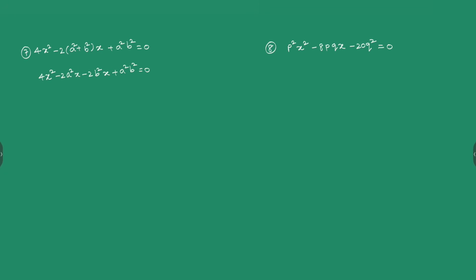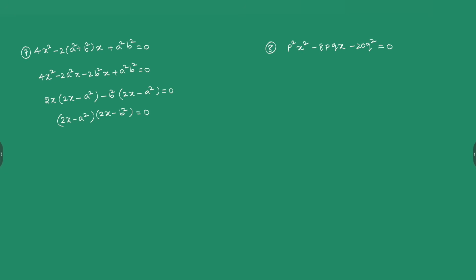to 0. In the first two terms we have 2x common, so that 2x minus a square will be left. In the next two terms we have b square common, so it will be 2x minus a square again is equal to 0. So what it is, 2x minus a square into 2x minus b square is equal to 0.